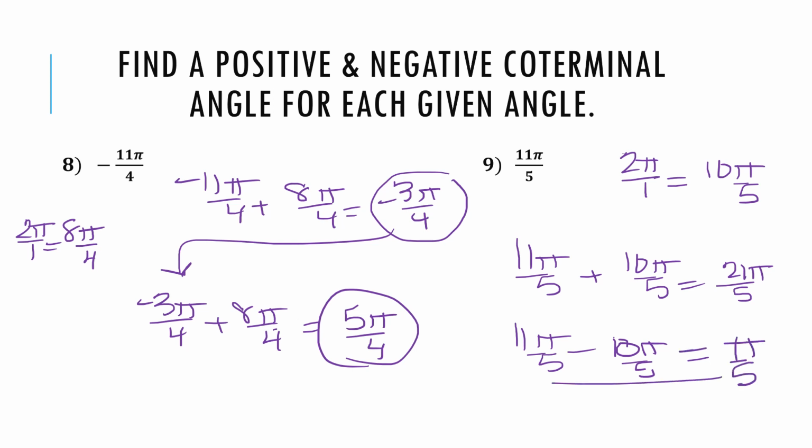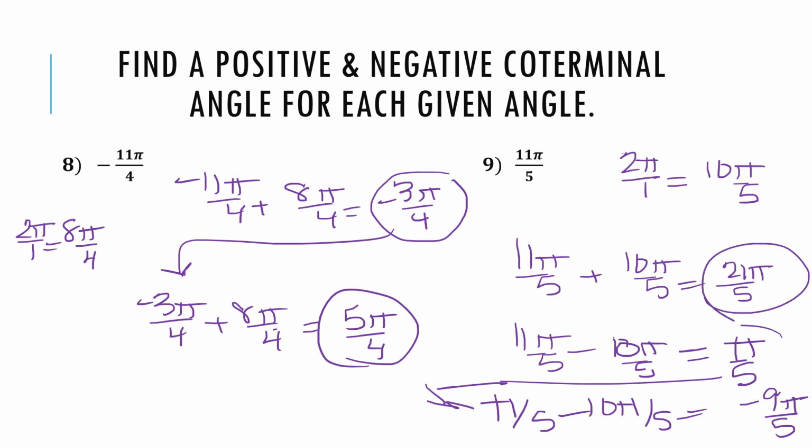I need to use this one again and subtract one more time. So pi over 5 minus 10 pi over 5 would give me the negative coterminal of negative 9 pi over 5. So I ended up with 2 positive coterminals and 1 negative in that particular example.